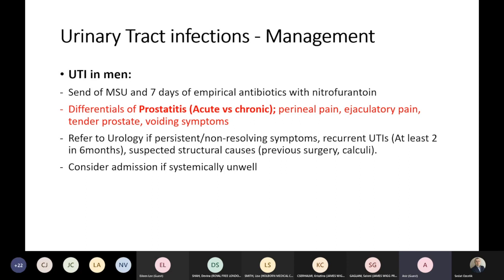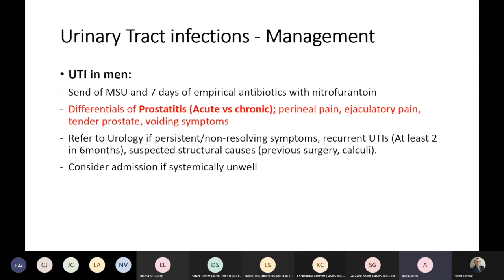So they get pain between the genital region and the back passage, and they may have extreme discomfort sitting down. Sometimes this can progress into an abscess, so they can get a boggy swelling. I'm slightly going off on a tangent here, but it's just to make you think that if you are consulting with a male patient who has persistent urinary symptoms, you may want to check for features of prostatitis.